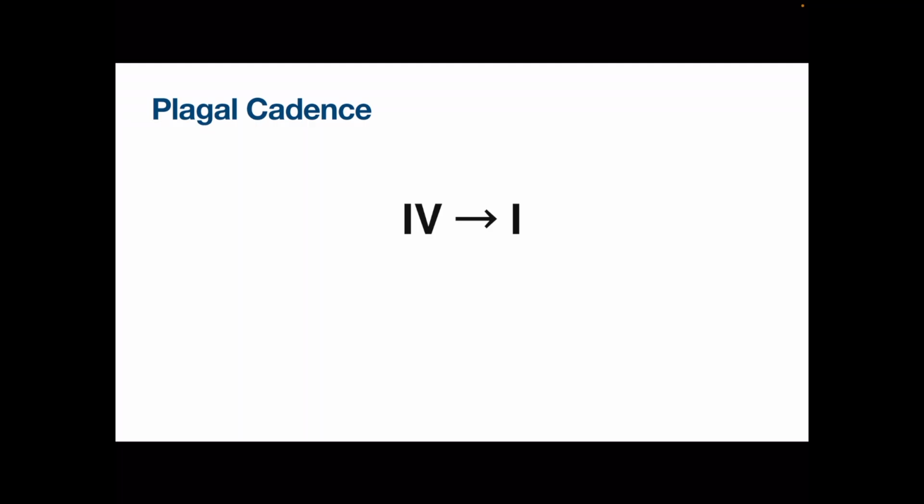So if you listen to classical music and if you notice that a piece of music comes to an end, and instead of doing the 5 to 1, the authentic cadence, if the composer chooses to use 4 to 1, then that means that there is something he wants to express about his connection with God, or all the church. So it's quite interesting when you listen to a lot of classical music. You start to hear these little references, and so this is plagal cadence.